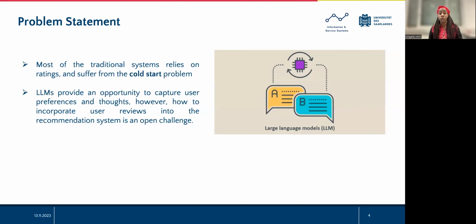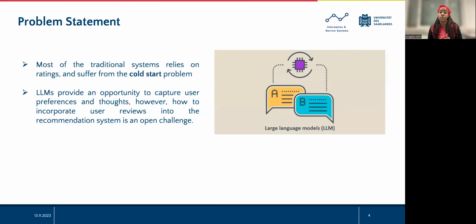We are not the first ones to come up with the idea of an LLM-based recommender system. There are people in the past who have worked on LLM-based recommender systems. What has been found from the existing work is that LLMs provide an opportunity to cover user preferences and thoughts.